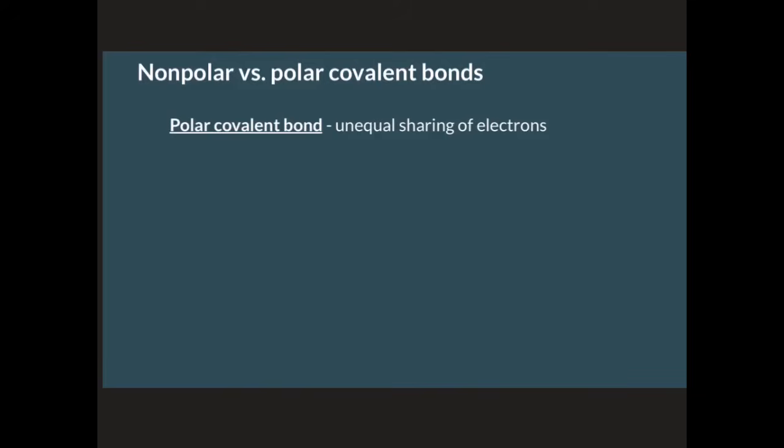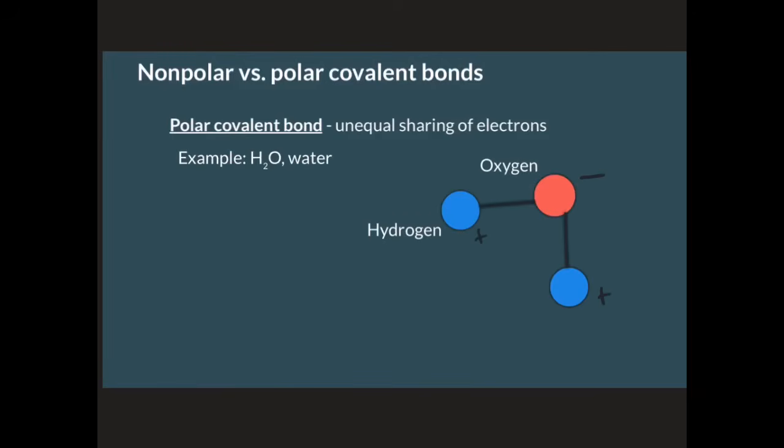We saw this before in our example of water. In our example of water, we see that oxygen has a greater electronegativity for the electrons than the hydrogens that are attached to it. In this case, the electrons sit a little bit closer to the oxygen, making the oxygen have a slight negative charge, while the hydrogens have a slight positive charge because, again, the electrons are being held a little bit closer to oxygen.